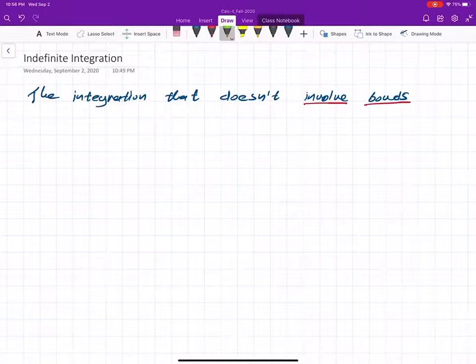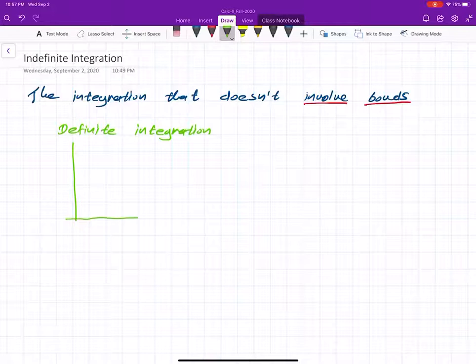If you just recall your memory, definite integration is something like this that you have already learned in previous sections.